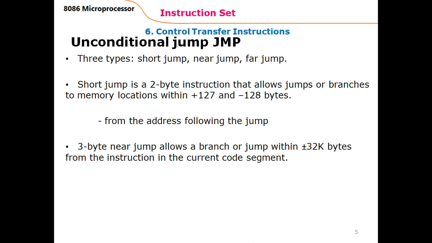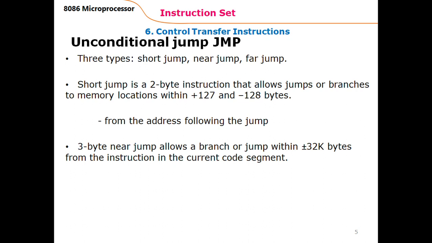Since the displacement is a signed number, if it is negative, the jump is in the backward direction, and if it is positive, the jump is in the upward direction, where the memory addresses are increasing.